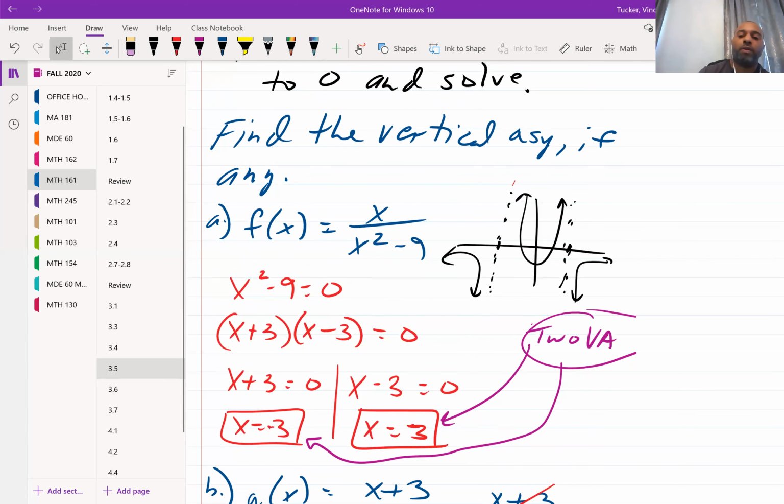So we have two vertical asymptotes. All right, any problems with that?